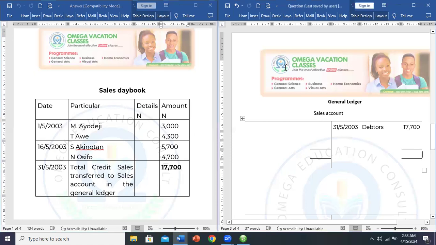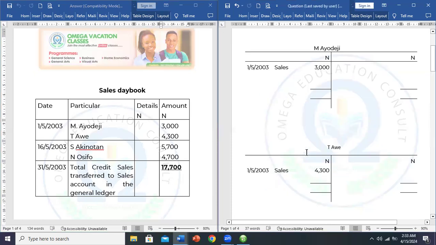So if you appreciate, the debit in this individual account is what we have done here. So you see, when you sell to M. Ayodeji, you debit M. Ayodeji. You debit T Away. Richmond, okay, go ahead with your question. Sir, it doesn't mean that all the sales daybooks we are going to debit?